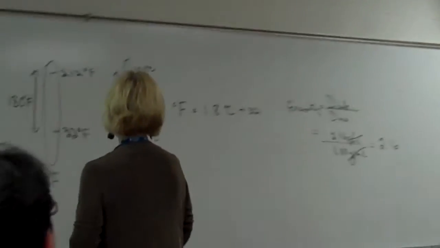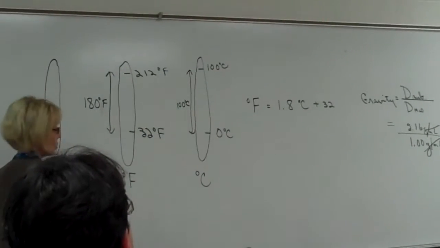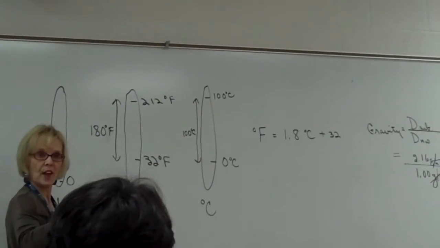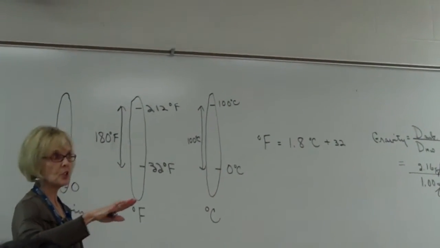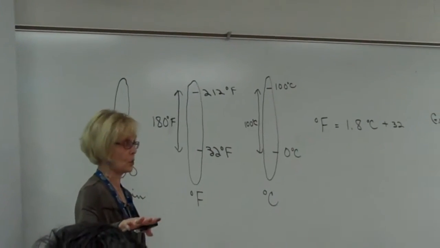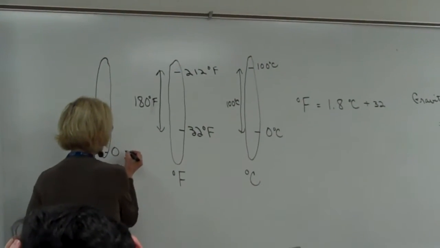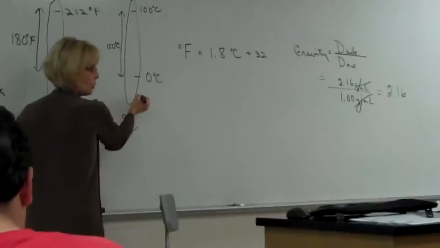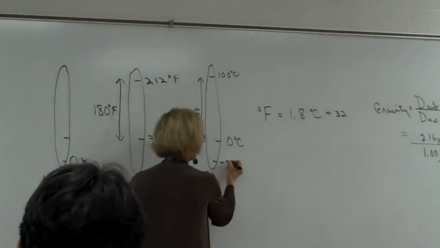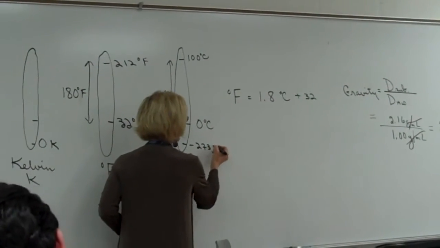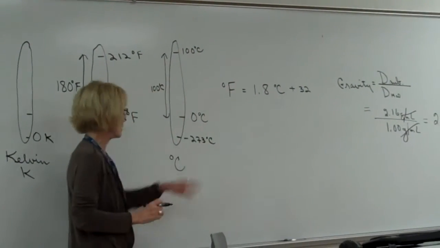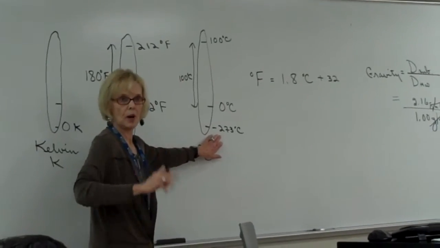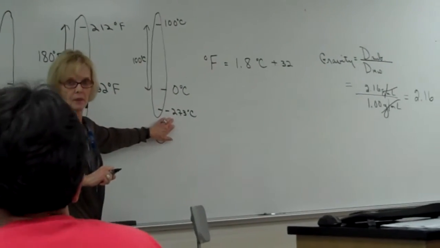And so if that's the lowest temperature you can go to, let's call that 0, and we get to trash negative numbers. And so this is going to be 0 Kelvin. Now I'm going to come over here. This would be minus 273 degrees Celsius. The lowest temperature you can arrive at. That's absolute zero.